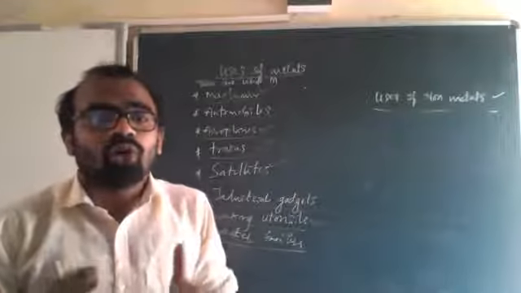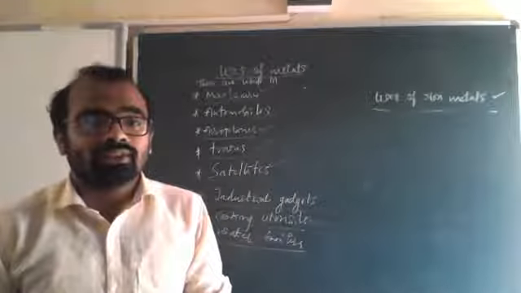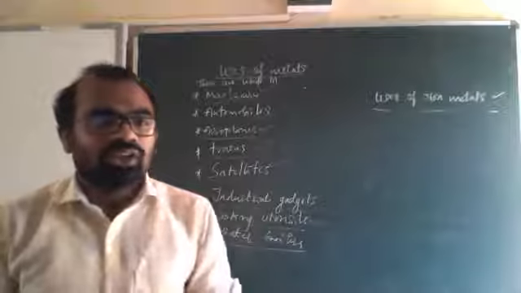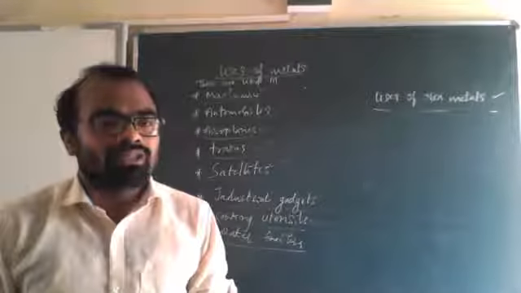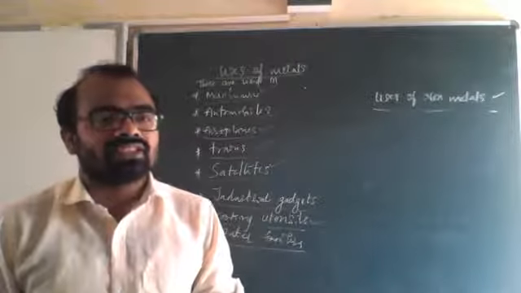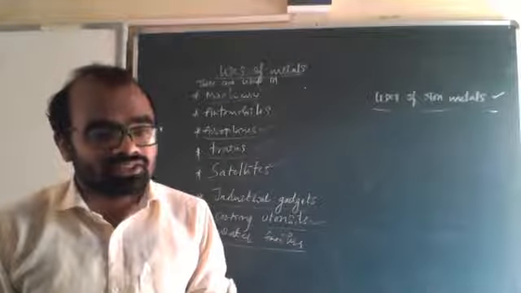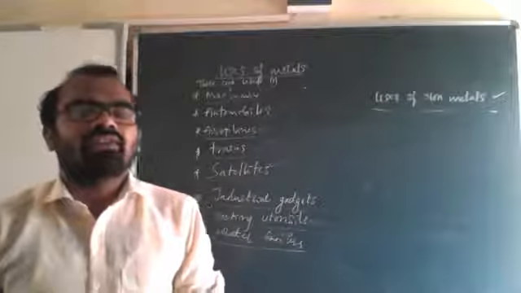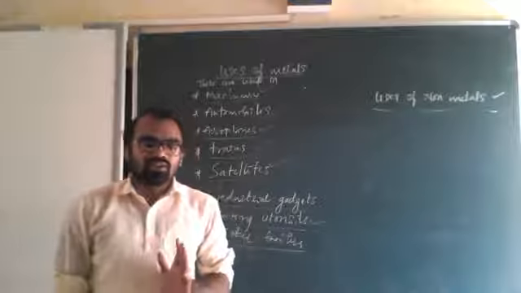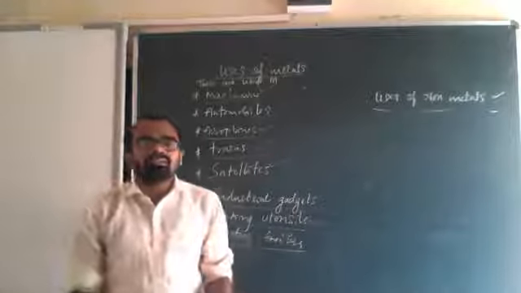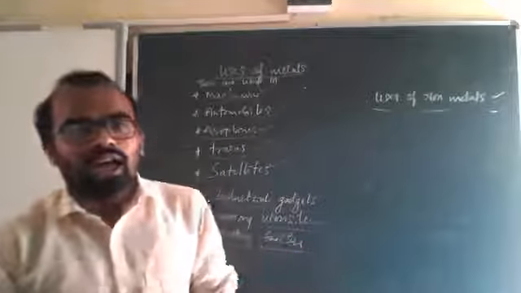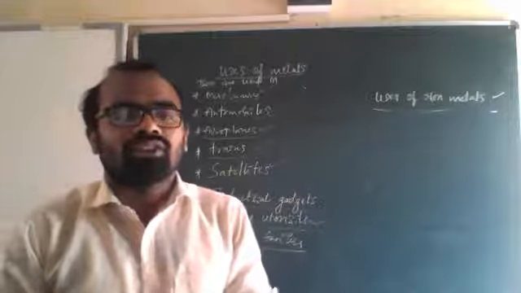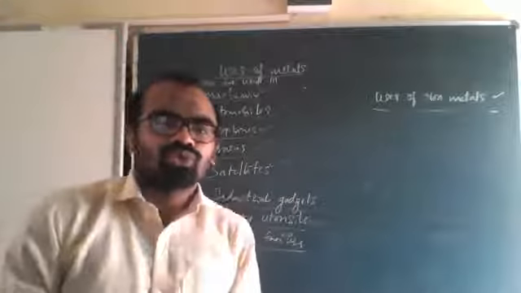You should remember all these things where the metals are used in machinery, in automobiles, in aeroplanes, trains, satellites, industrial gadgets, cooking utensils, and water boilers. In these all cases, metals are used. I hope up to this much everything is clear till we go to uses of non-metals.